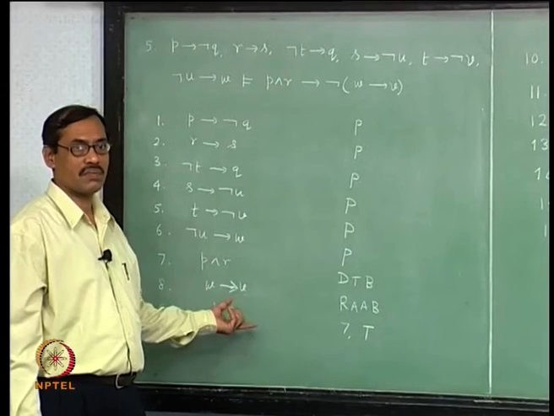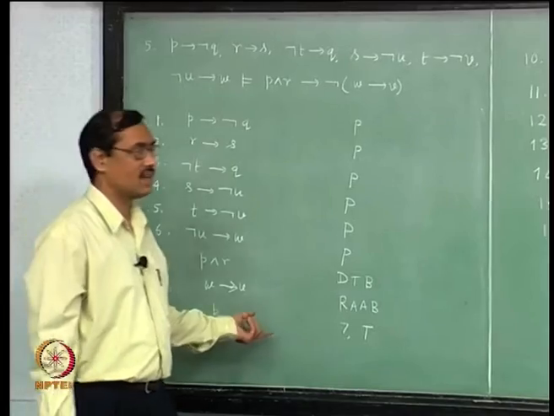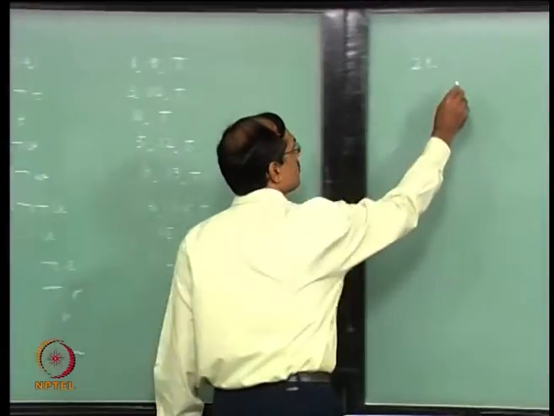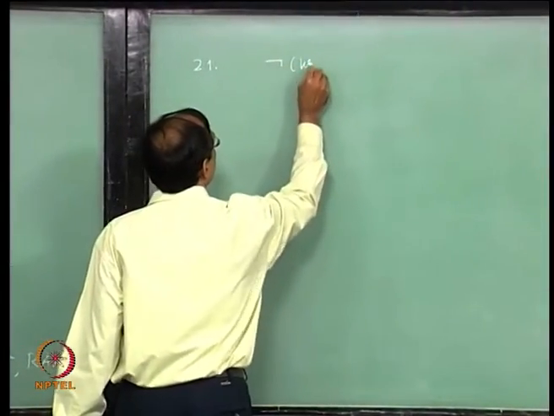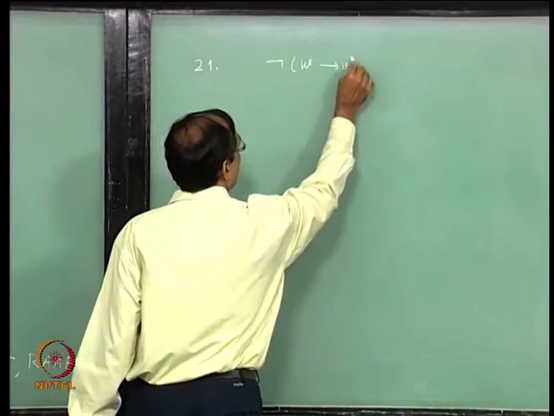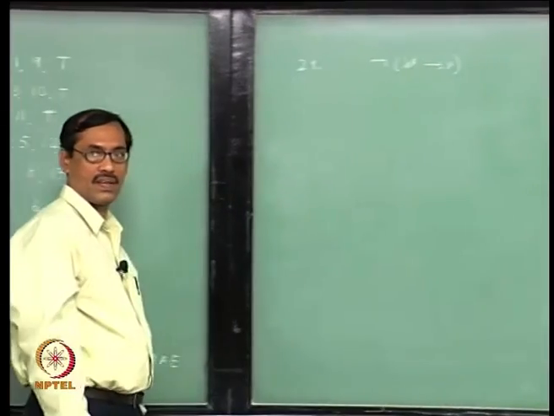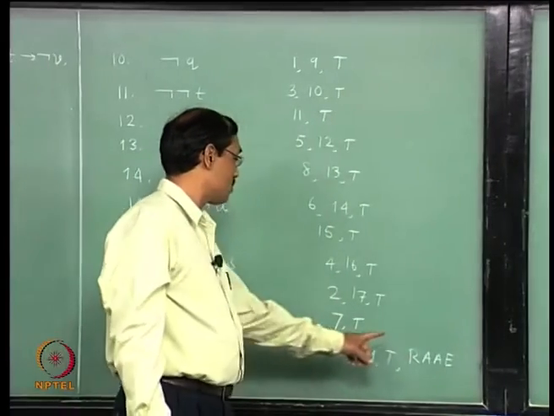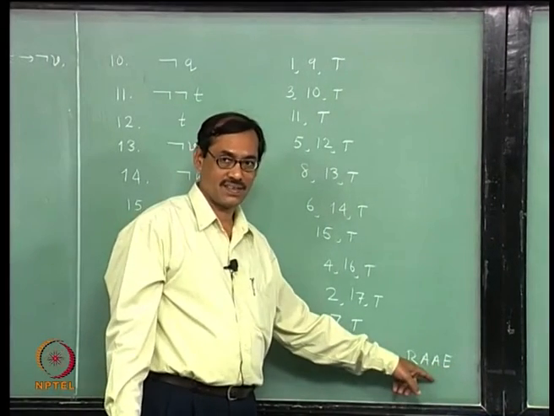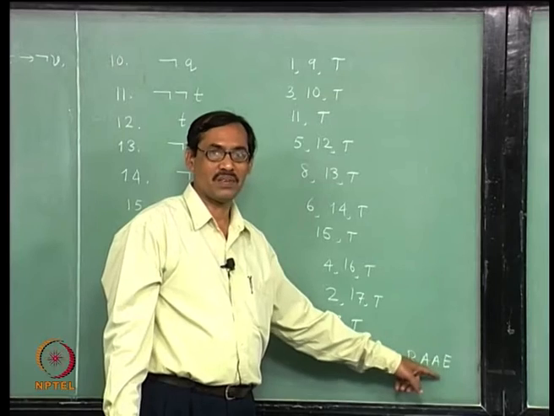So, its negation must be valid, right. So, we will be writing not of W implies V. Okay. So, there only you have to write RAE, not here, because that is what you are concluding.